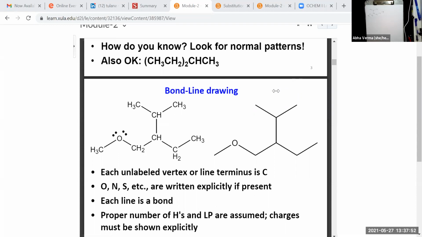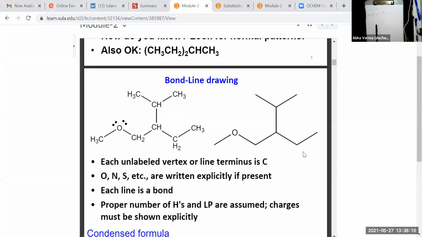Anyone else want to share their answer? Okay, Armani Pace, are you here? Yes. All right, Armani, can you help me with this one? Is it CH3 in parentheses and then 4?